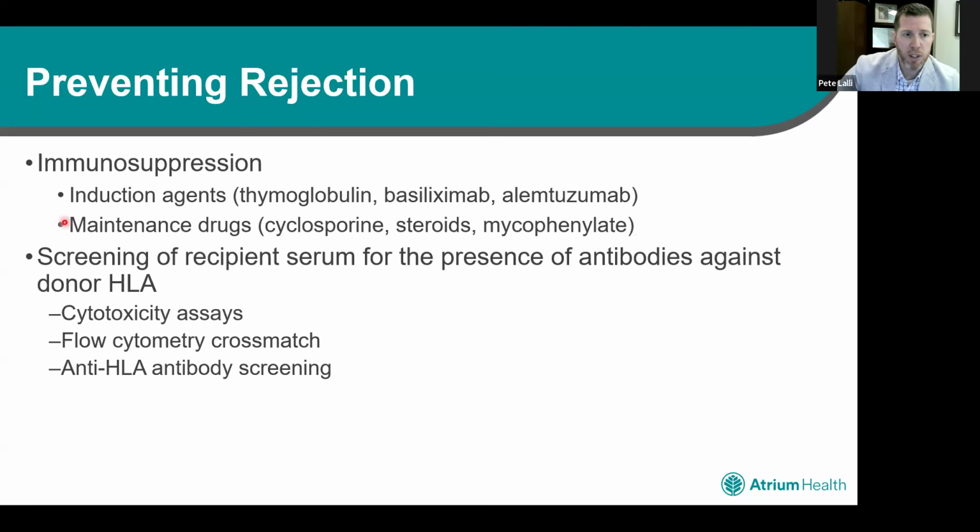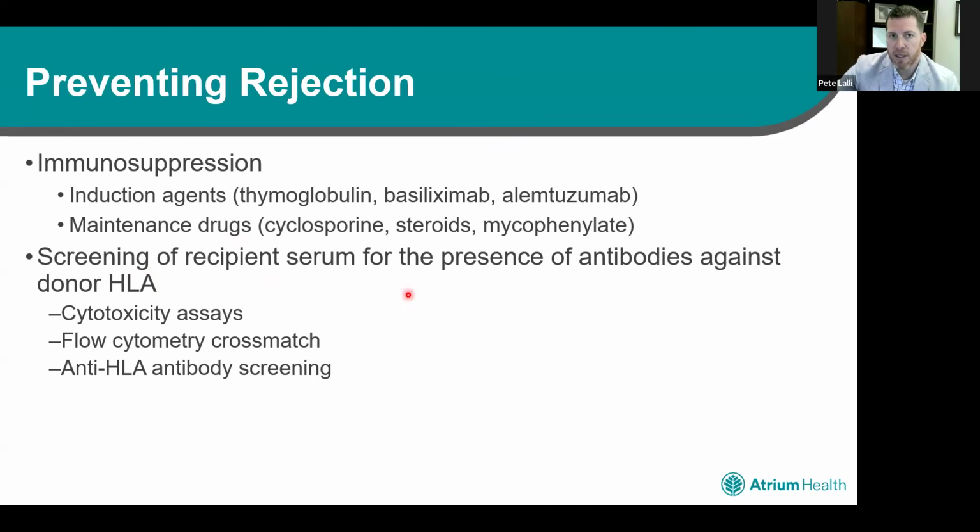So in the clinic, we treat with immunosuppression. The other half of the equation is what we in the laboratory are able to do to help provide information to our clinicians to perform the safest possible transplants that we can. And the way we do this generally is by screening the recipient serum for the presence of antibodies against the donor HLA.